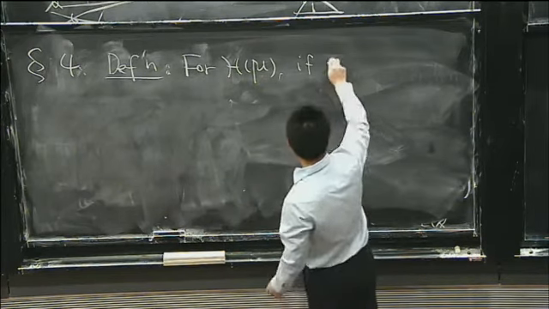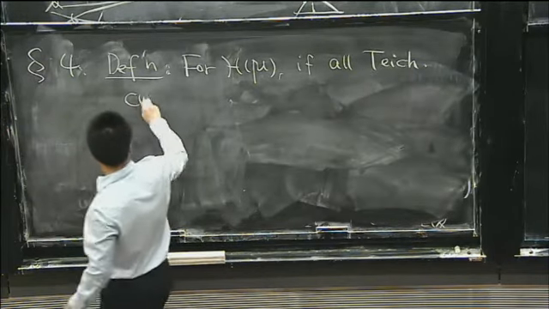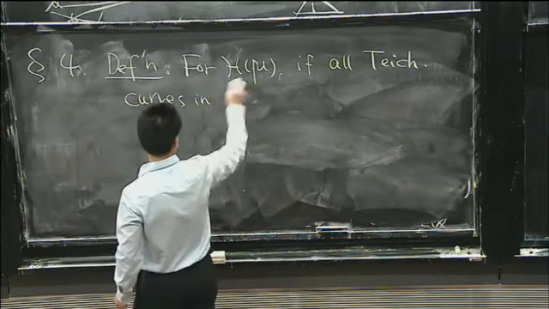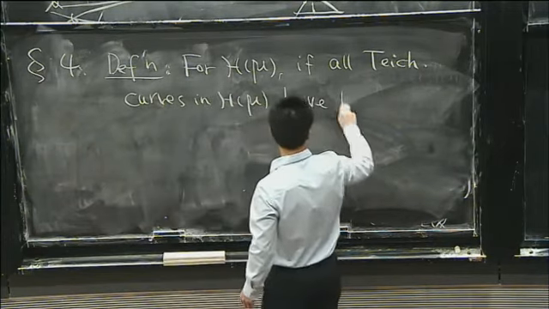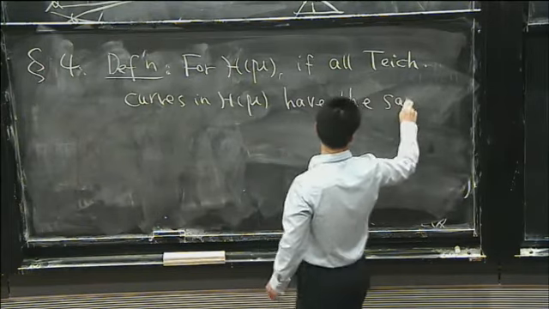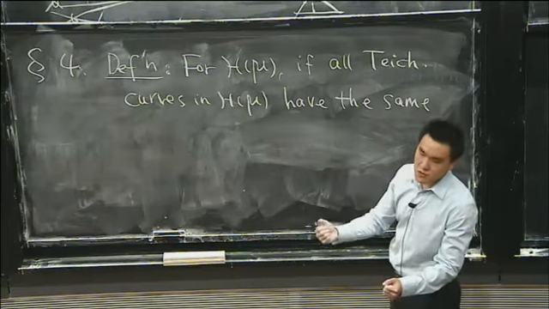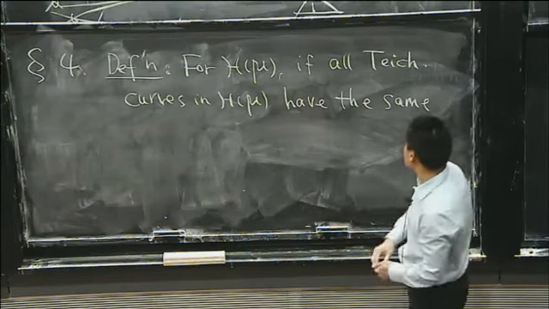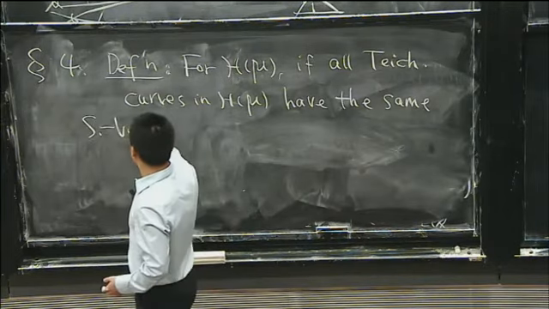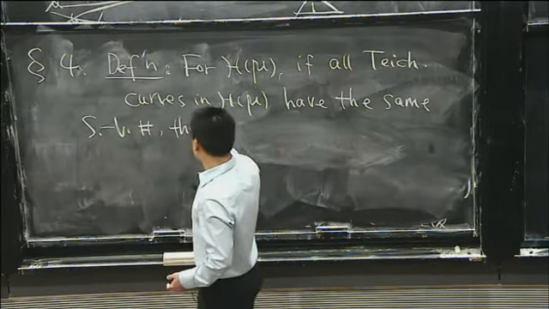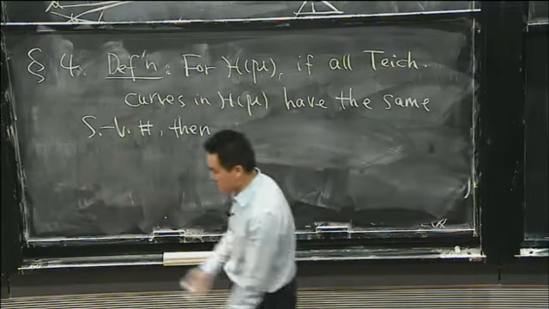For H mu, if all Teichmüller curves in this stratum H mu have the same Siegel-Veech number. I mean, a priori, there's no reason why they all have the same Siegel-Veech number, right? They are defined for each Teichmüller curve. They could vary a lot. But suppose this happens. Then I'll say that this stratum is a non-varying stratum with respect to this Siegel-Veech behavior.